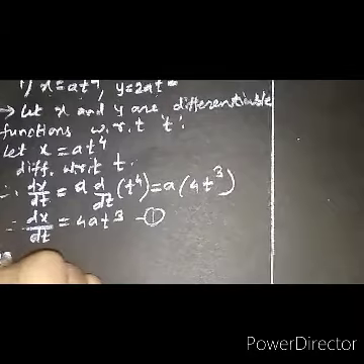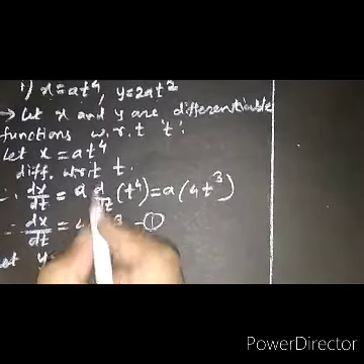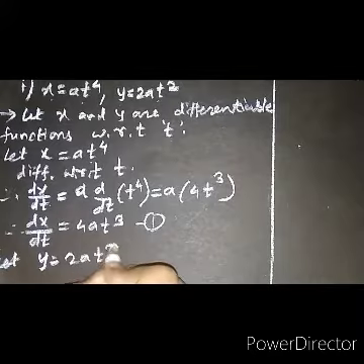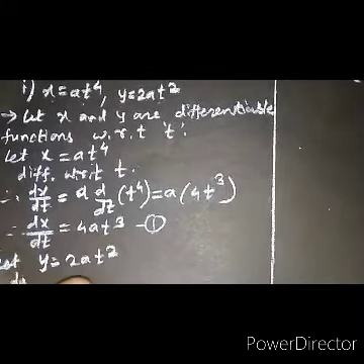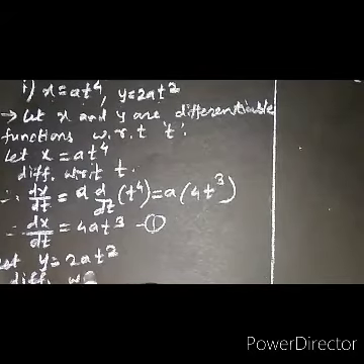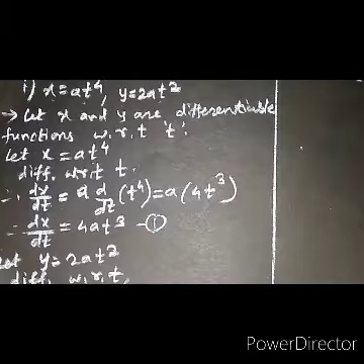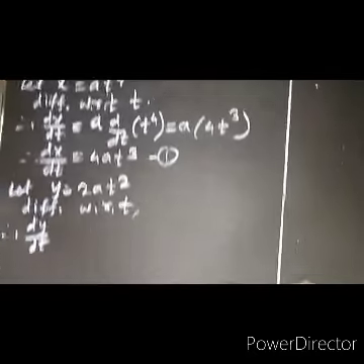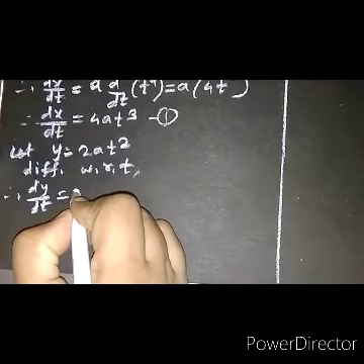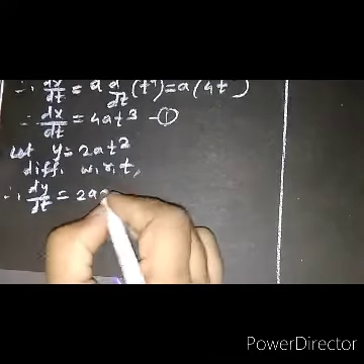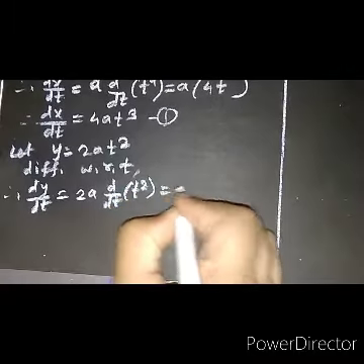Now let us consider y is equal to 2a t square. y is a differentiable function with respect to t. Therefore differentiate with respect to t, and therefore dy by dt is equal to 2 is constant, 2a both are constant, d by dt of t square.